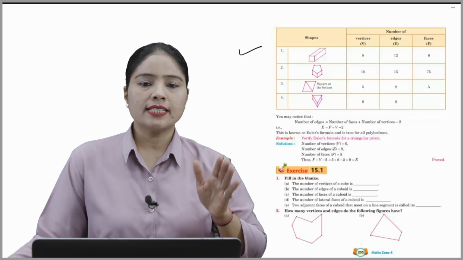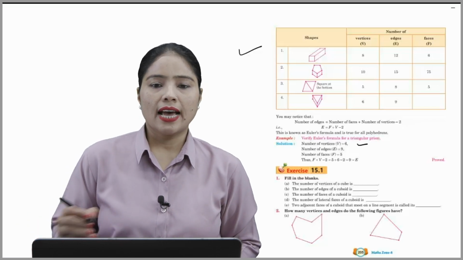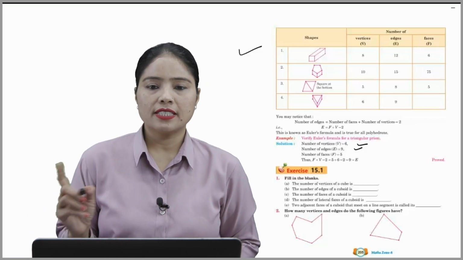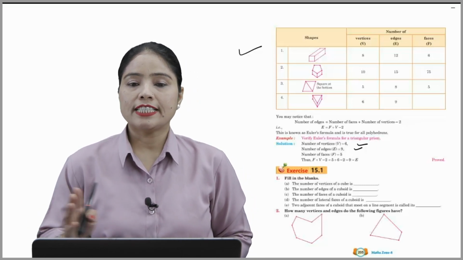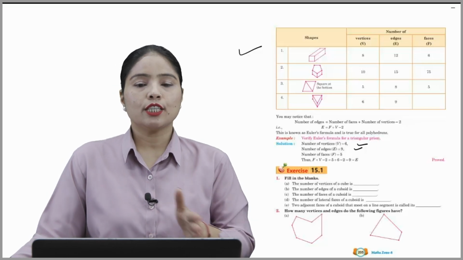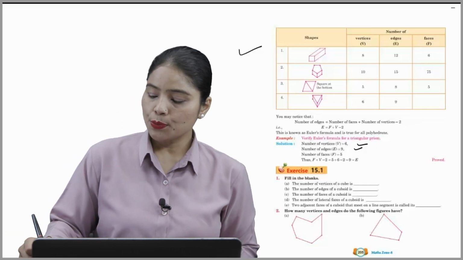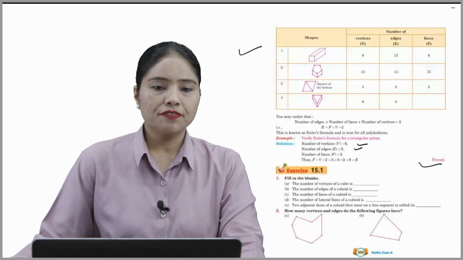So the solution is, number of vertices V कितना है हमारा 6, edges is 9, faces is 5. That means F plus V minus 2 is equal to 5 plus 6 minus 2 is equal to 9, which is equal to E, beta. Now this is proved. Hope you understood well.